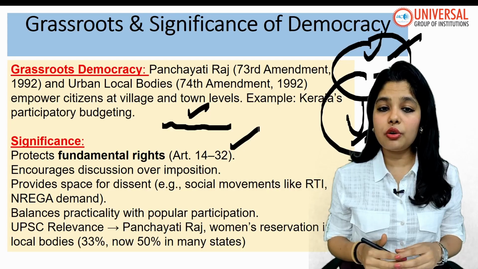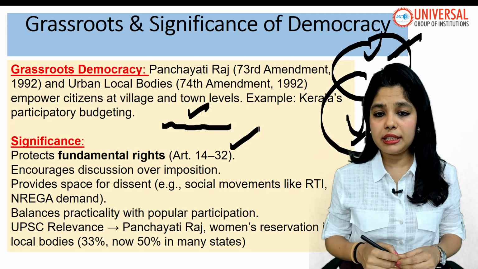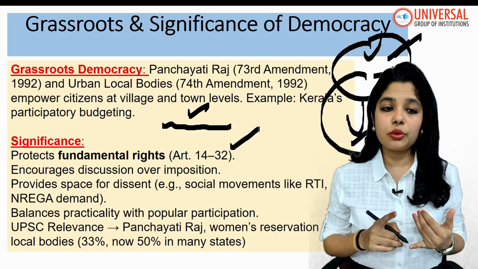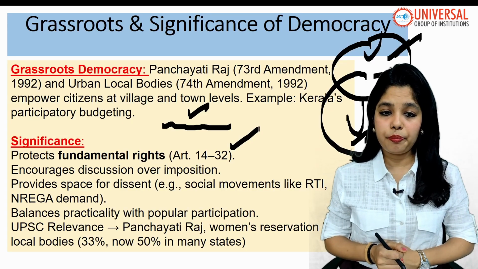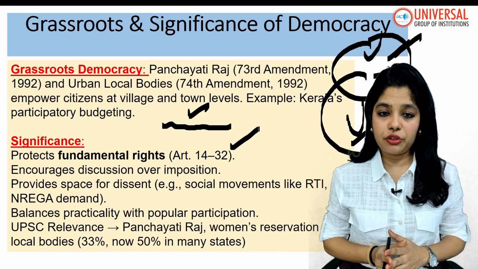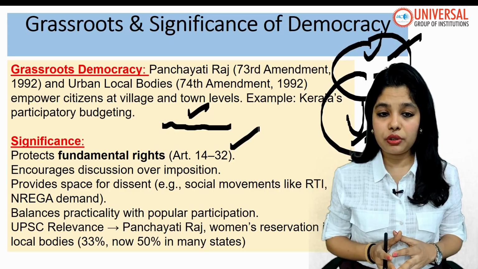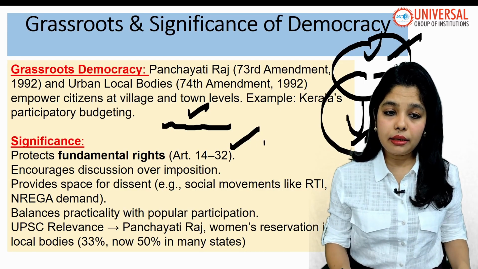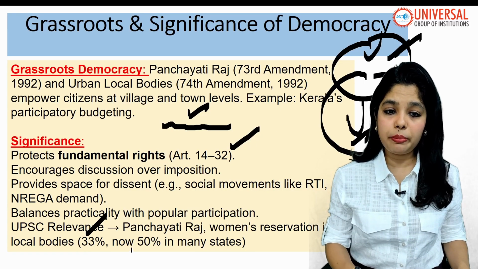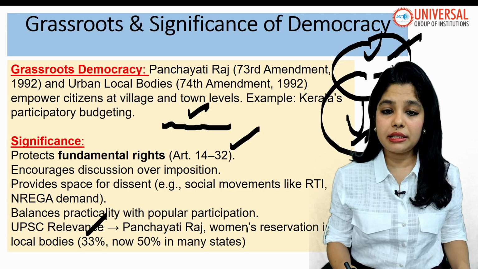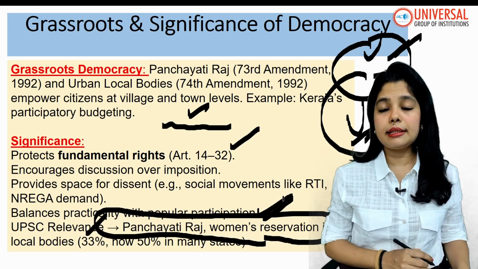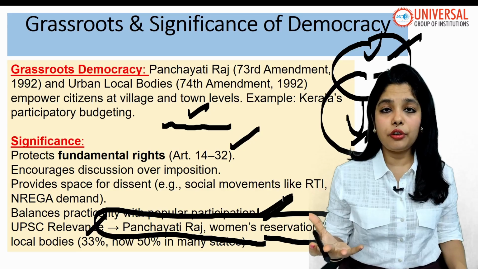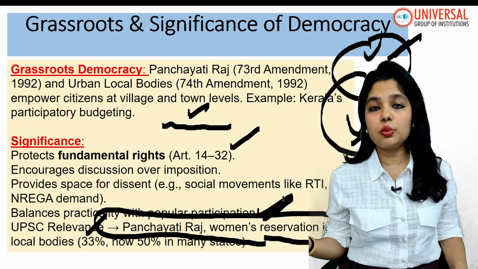It encourages discussion over imposition, provides space for dissent, with movements like Right to Information and MGNREGA demands, and balances popular participation. Again, there is reservation for women, 33 percent and now 50 percent in many states. All these aspects are highlighted when we talk about grassroots democracy.